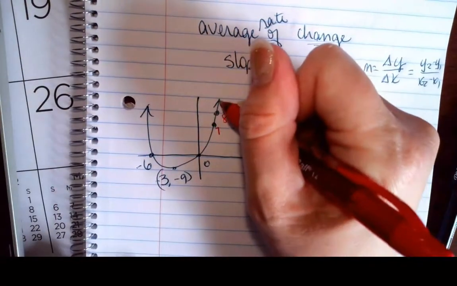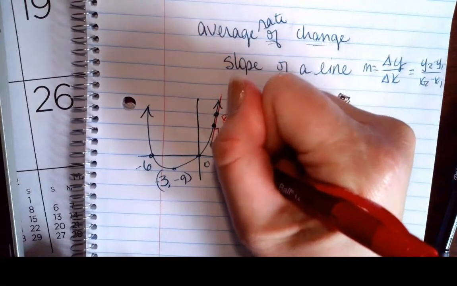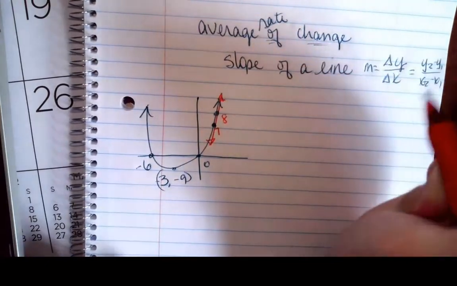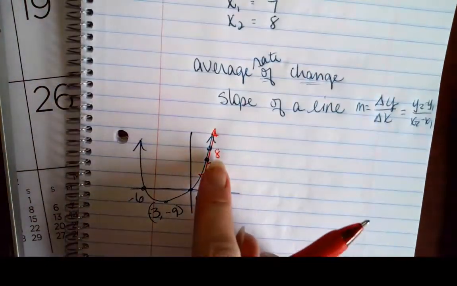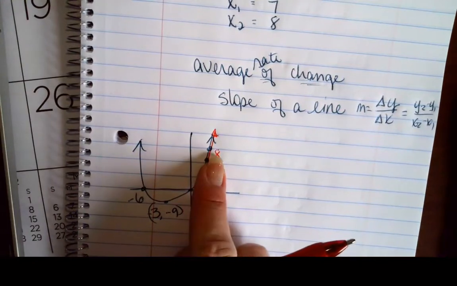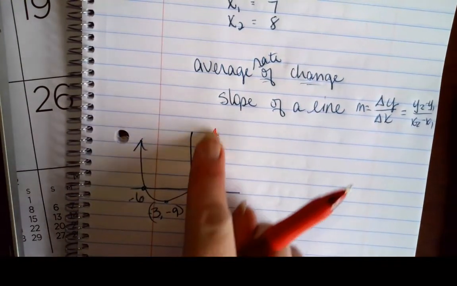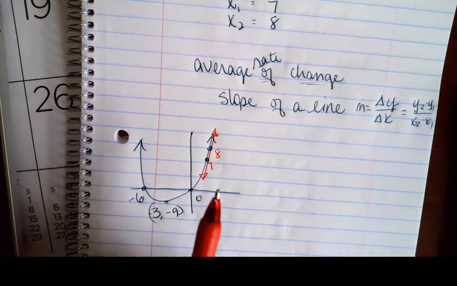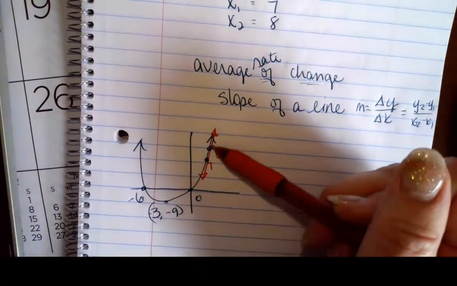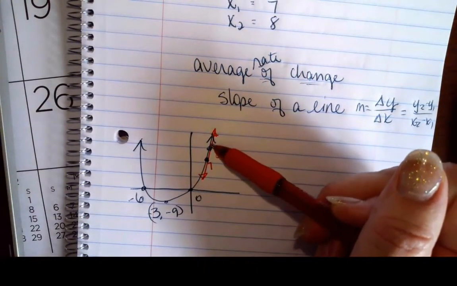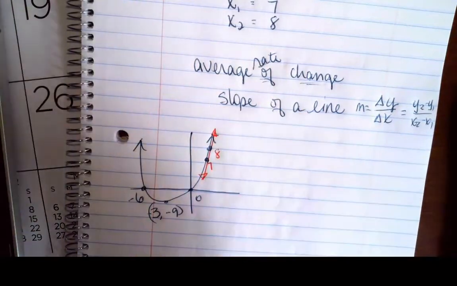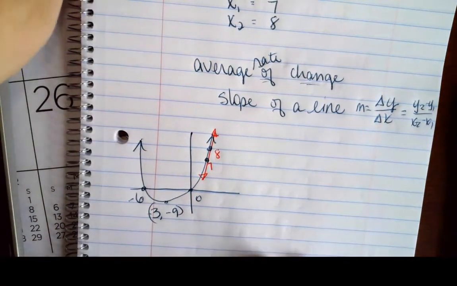The line that connects those 2 points will not hit the graph once, but it'll hit it twice. And because the arm of this parabola is so steep, our technology is going to make it look like this red line is lying right on top of that parabola. And that's not the case. It only shares 2 points.